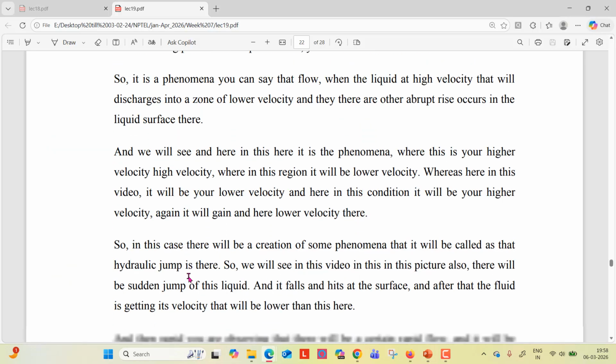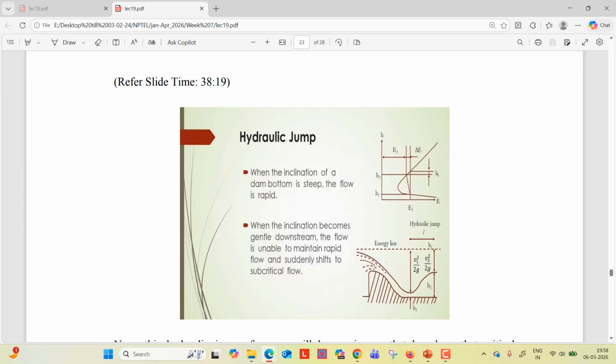So if you see here, you can understand that flow is coming. What it is saying is, when the inclination of a dam bottom is steep, the flow is rapid. When the inclination becomes gentle downstream, the flow is unable to maintain rapid flow and suddenly shifts to the subcritical flow.